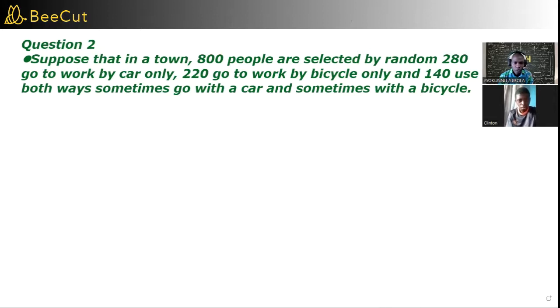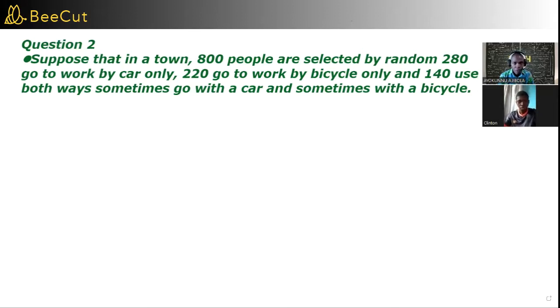Let me check that question there. So by car only, 280, by bicycle only, 220. The first question said, how many people go to work by car only? Well, that has been given already. How many people go to work by bicycle only? That has already been given.